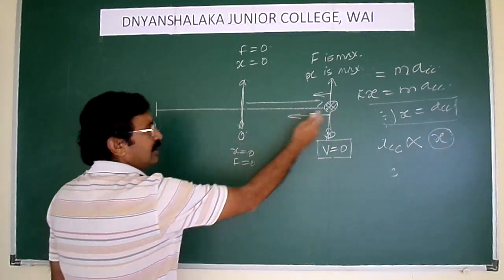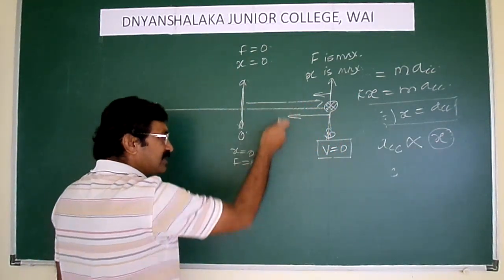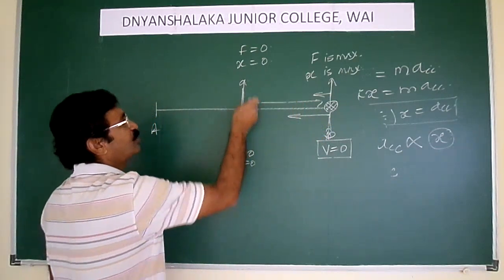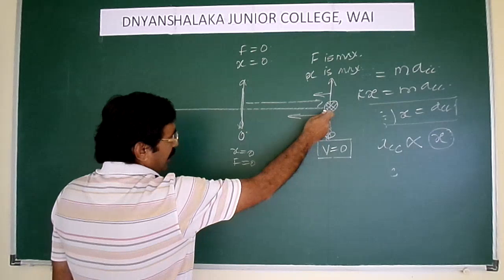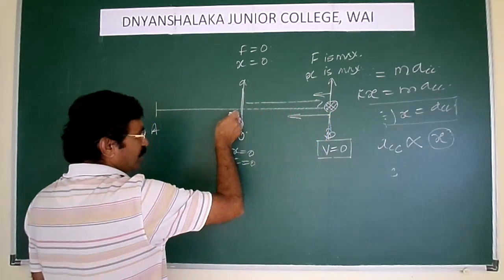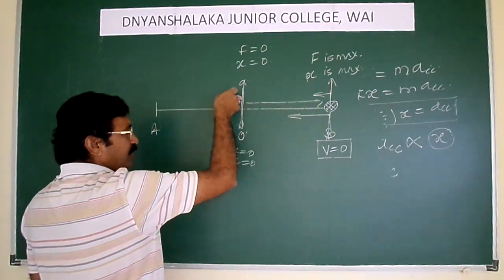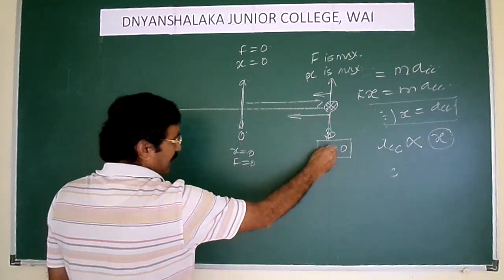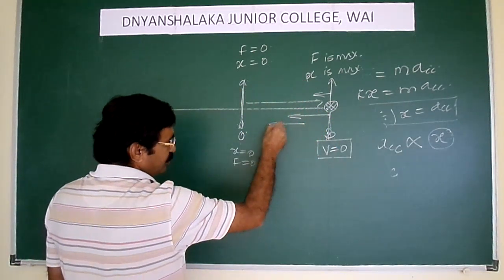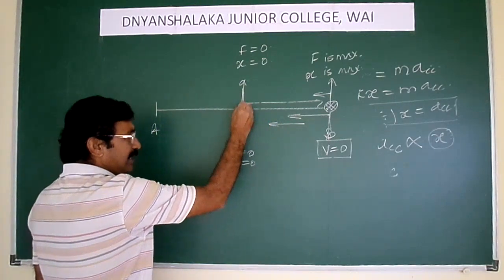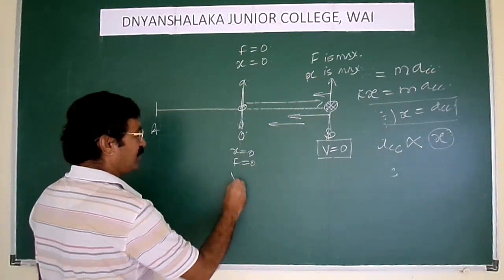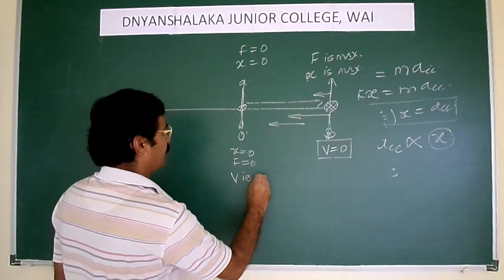Its distance with respect to the mean position goes on decreasing. As x goes on decreasing, the restoring force also goes on decreasing. But at that time, the velocity goes on increasing. And so when the particle reaches its mean position, V is maximum.